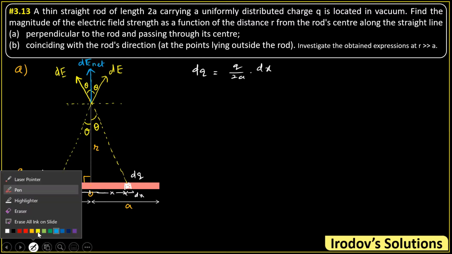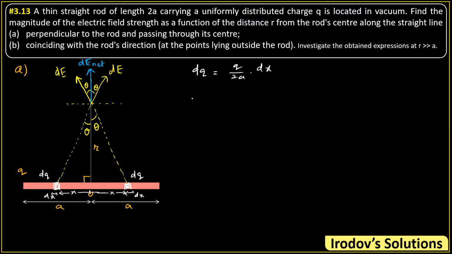So I can write dE naught is equal to dE cos theta, that was the component of electric field along the white dotted line because of the one dq, and because of both, that will be twice of that. And I want to write this length. You can see that this is r, this is theta, so this length is r sec theta.